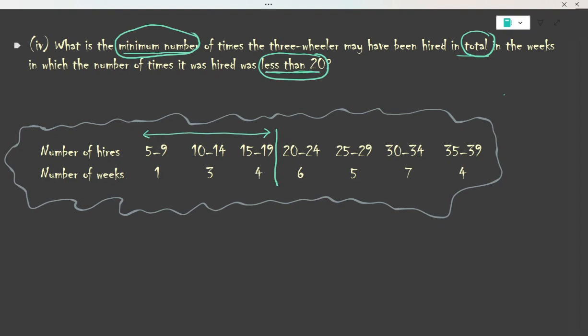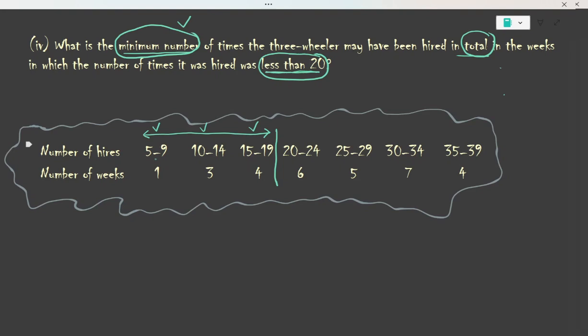Okay, the minimum number, and we have to get the total. We have 3 classes representing up to 20: 5 to 9, 10 to 14 and 15 to 19. We have to get the minimum possible number of each class. If we consider the class 5 to 9, what is the minimum possible number of hires?